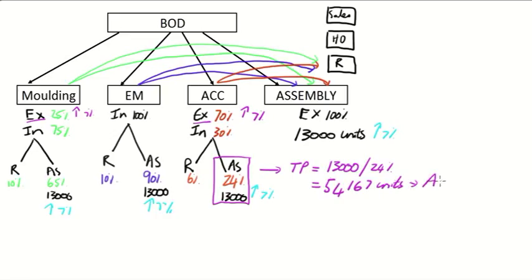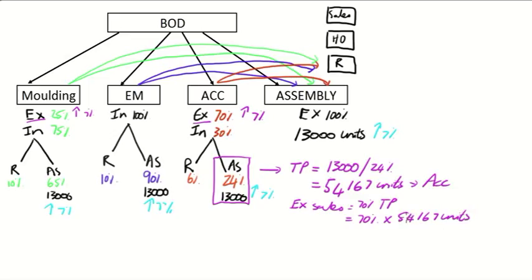Now we know that 70% of our total production is sold externally, so we can calculate that number. Our external sales is equal to 70% of total production, which is 70% times 54,167 units.